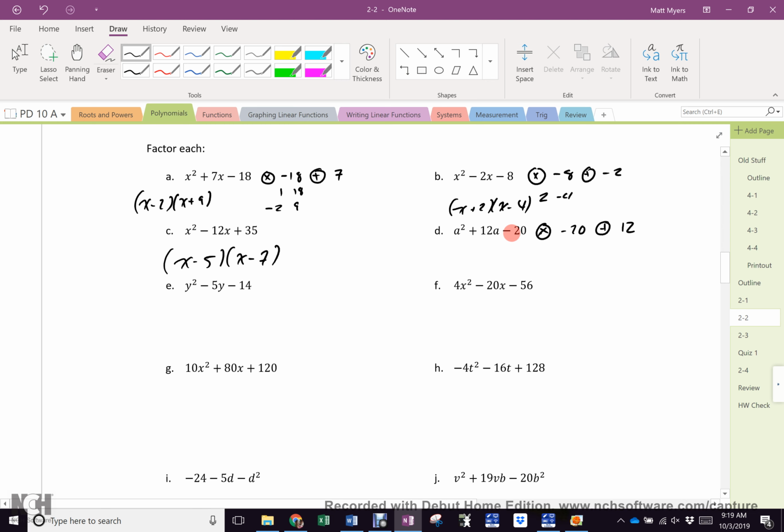What do I need? Negative 20. Now listen to me carefully. Does this look and feel like it should factor? Yes. Does it? No. Does not factor. Remember yesterday? If it doesn't factor, it doesn't factor. You cannot force it.